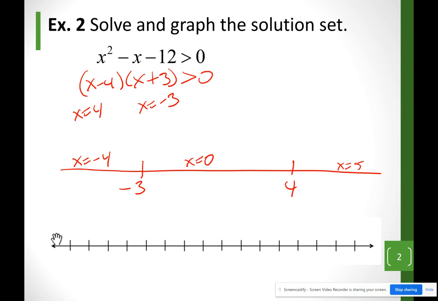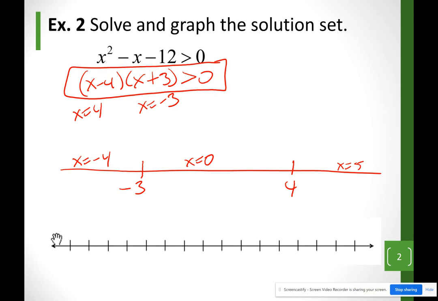And I'm just interested in the sign of my parentheses. The first parentheses, I'm going to use negative 4 for x. So x minus 4, remember I'm using negative 4 for x, so negative 4 minus 4.